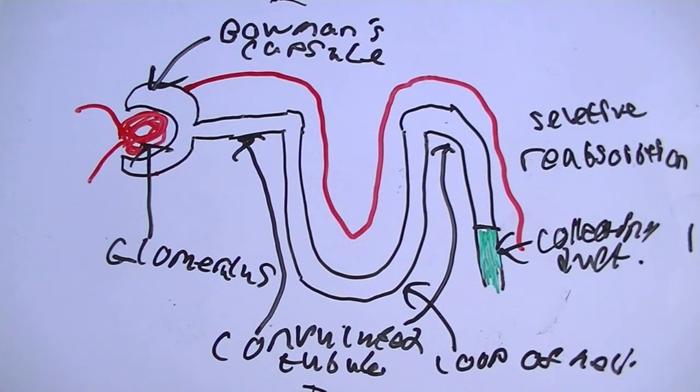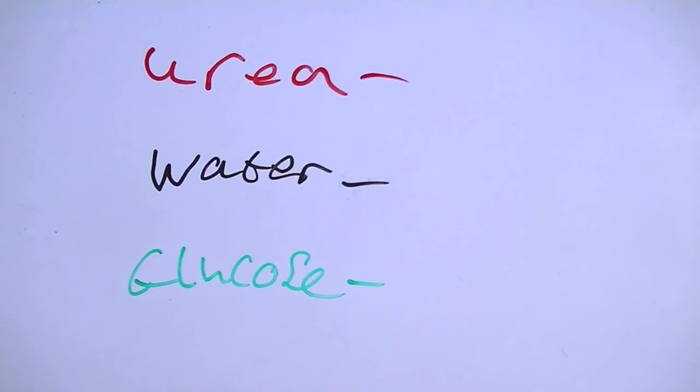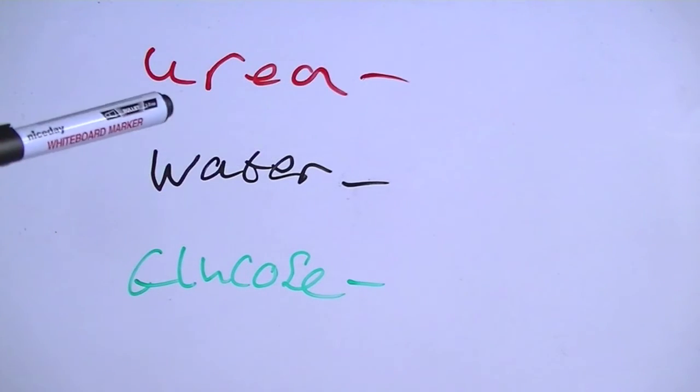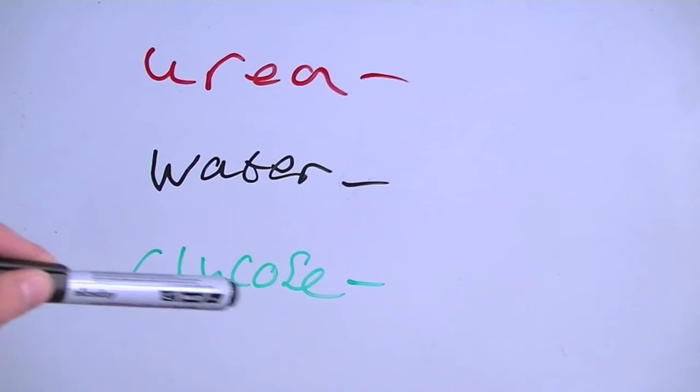So we're going to go on now to explaining what substances are reabsorbed and how they're reabsorbed and what ones aren't. Okay, so in the kidney you have three main types of substances that pass through the nephron. These are the main three you need to know: the urea, water, and glucose.